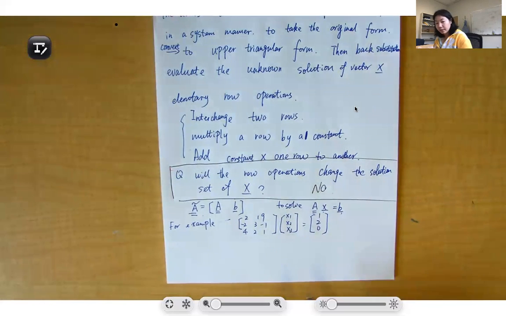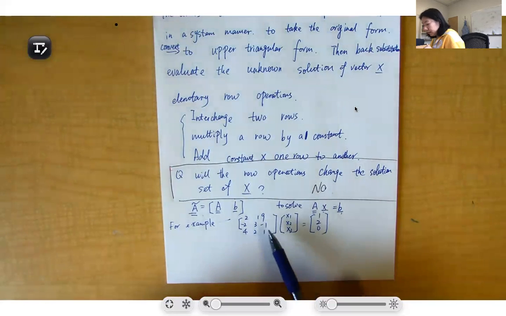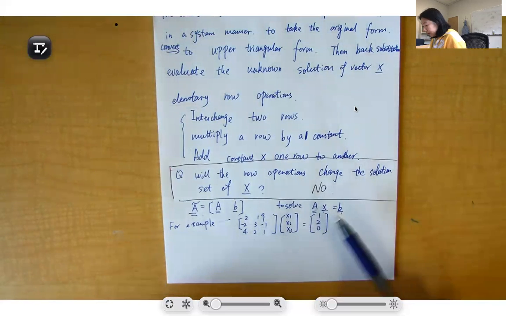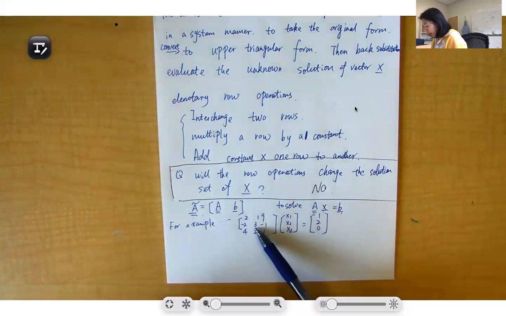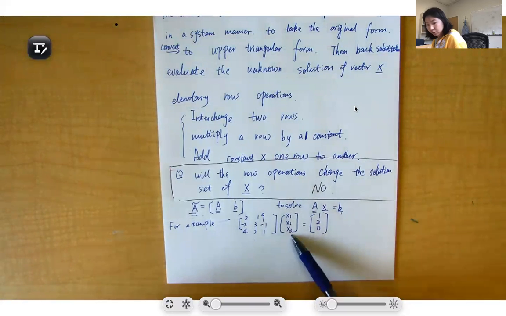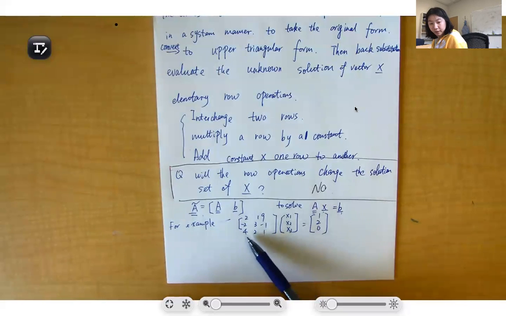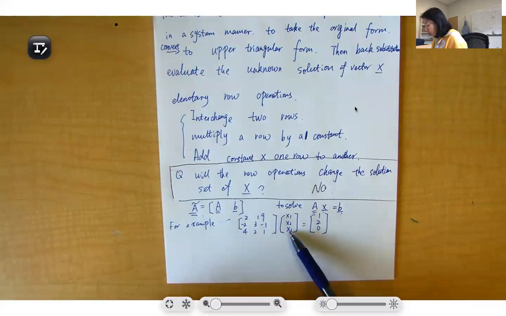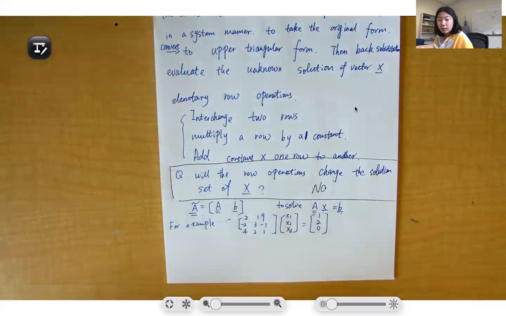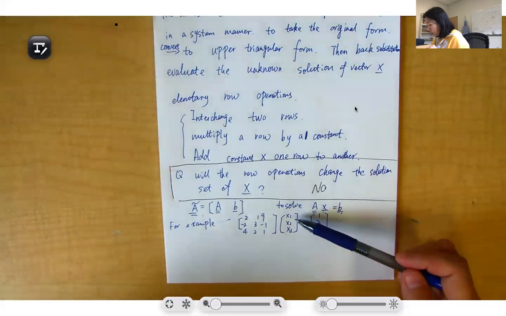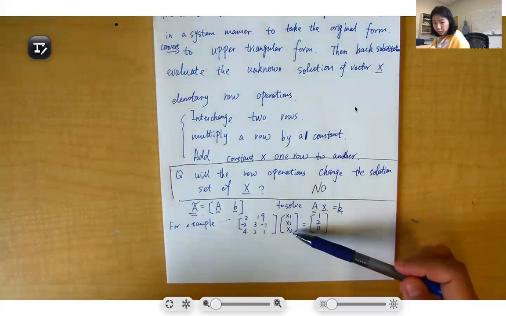These come from 3 linear equations. The first equation is 2x1 plus x2 plus 9x3 equals 1. The second is minus 2x1 plus 3x2 minus x3 equals 2. The third is 4x1 plus 2x2 plus x3 equals 0. Using these 3 linear equations, you are trying to find the solution vector x1, x2, x3.